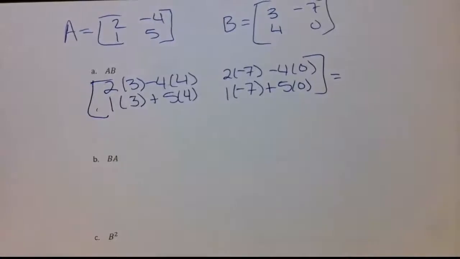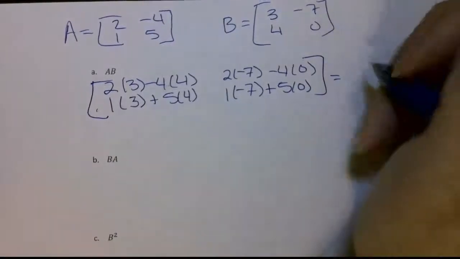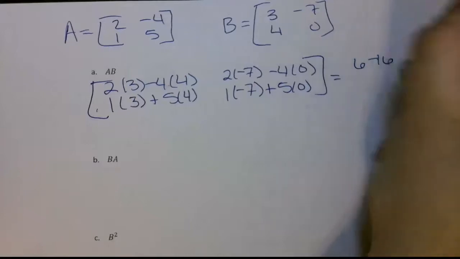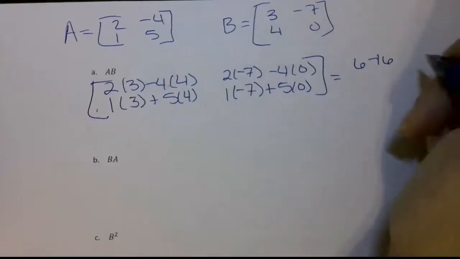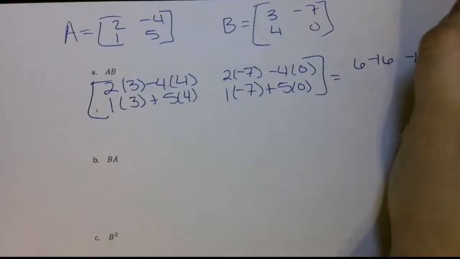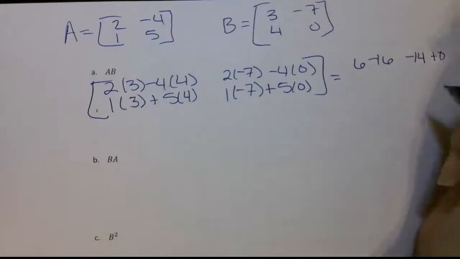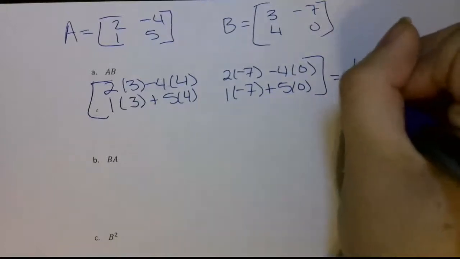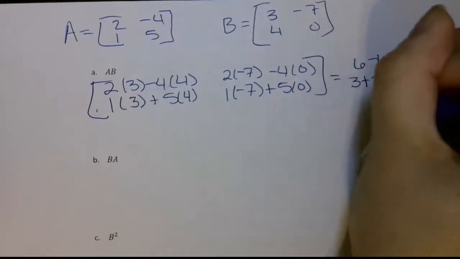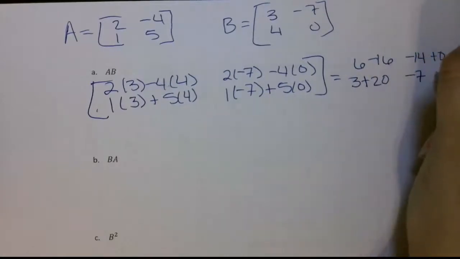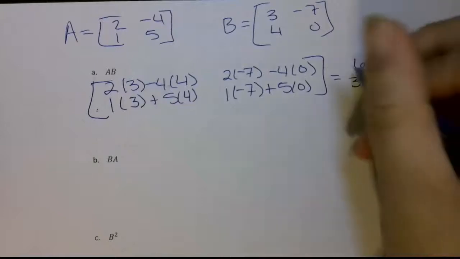Then I want to do the multiplication. I have 2 times 3, which is 6. -4 times 4, which is -16. 2 times -7, which gives me -14. 4 times 0, which gives me 0. 1 times 3, which gives me 3. 5 times 4, which gives me 20. 1 times -7 gives me -7. 5 times 0 gives me 0.